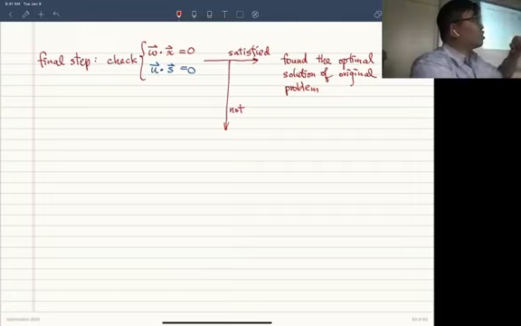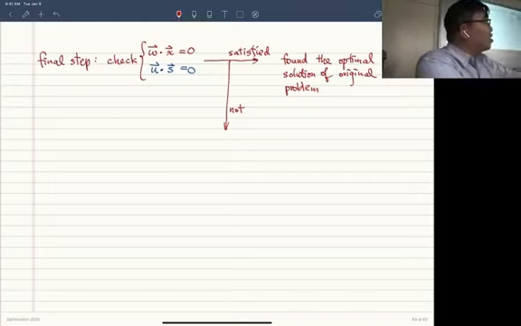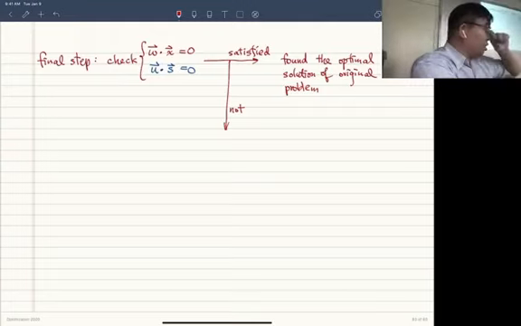We use Taylor expansion. So maybe it's okay if we stop right here, although we know the solution may not be the true solution. But it's already a pretty good solution. It already satisfies several constraints, not yet all the constraints.